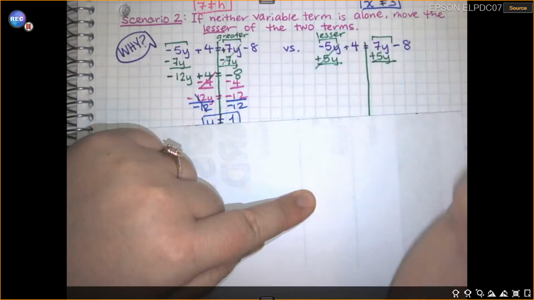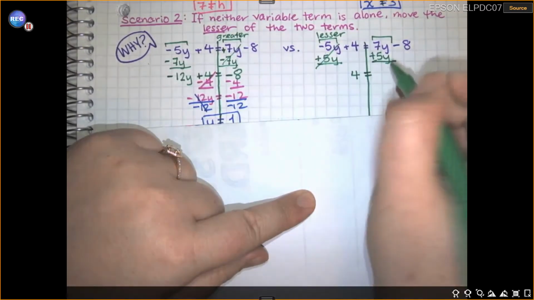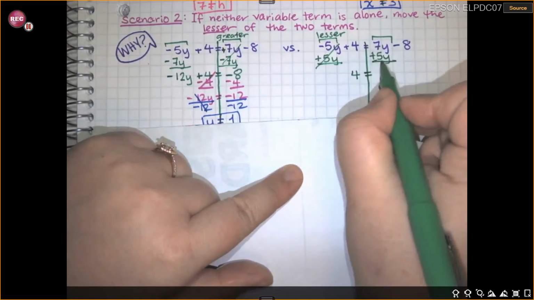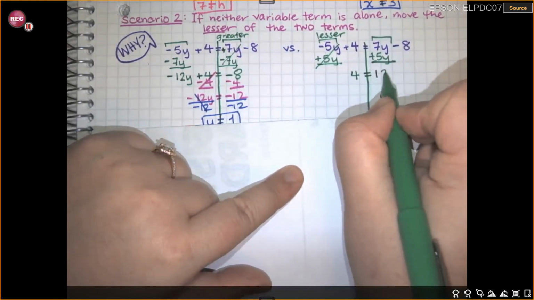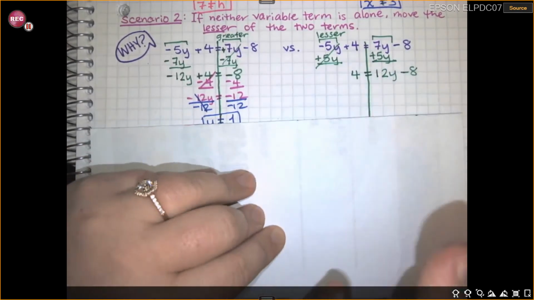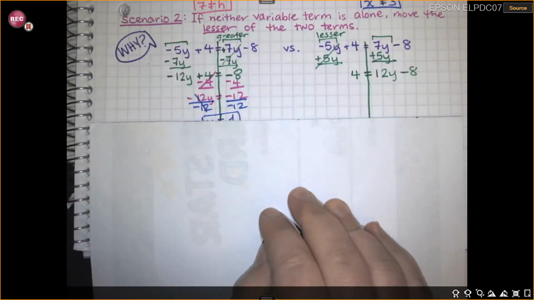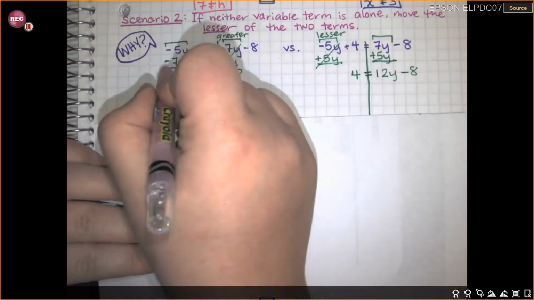So notice those go away, and I just have 4 equals 7y plus 5y is 12y minus 8. Okay, so if you have been paying attention, here's the big difference.